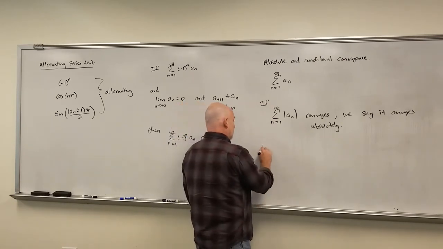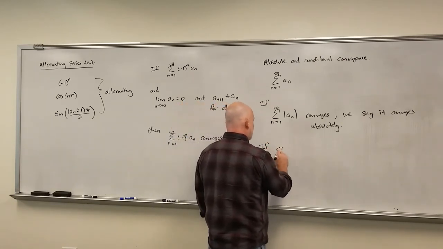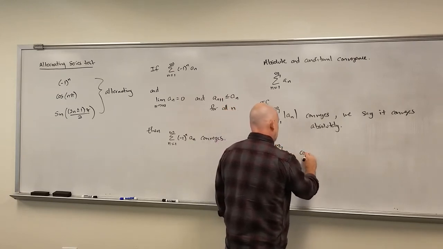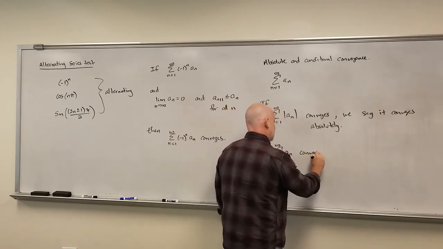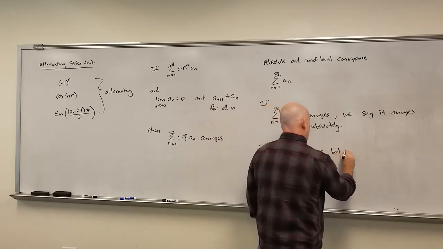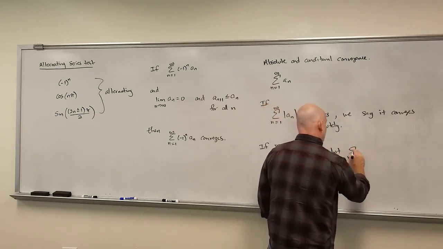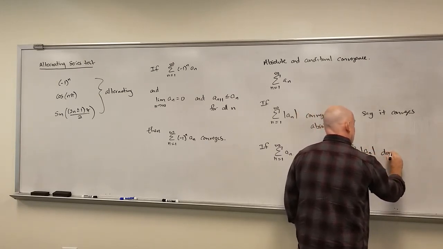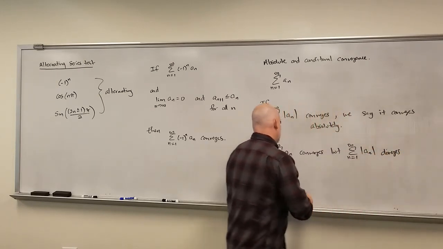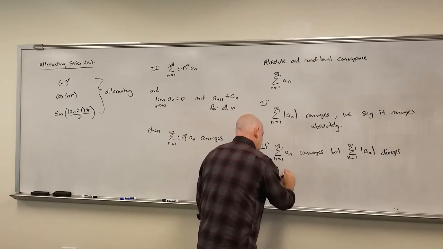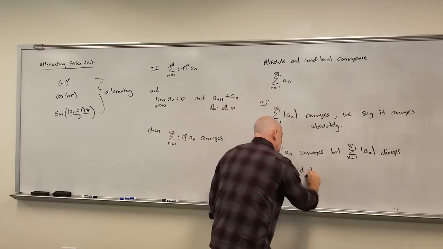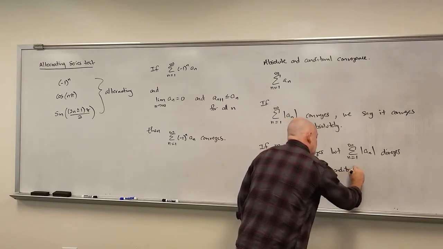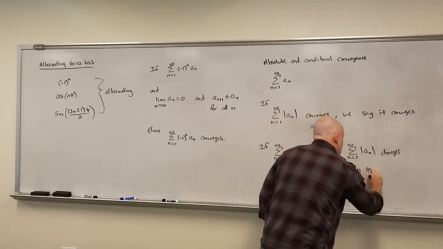Now, here's where it gets a little bit tricky. If the sum from n equals 1 to infinity of a sub n converges, but the sum from n equals 1 to infinity of the absolute value of a sub n diverges, it is said to be conditionally convergent.